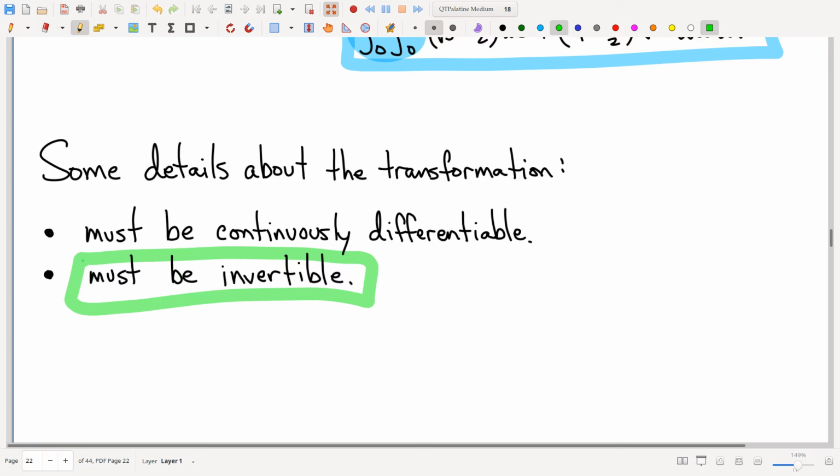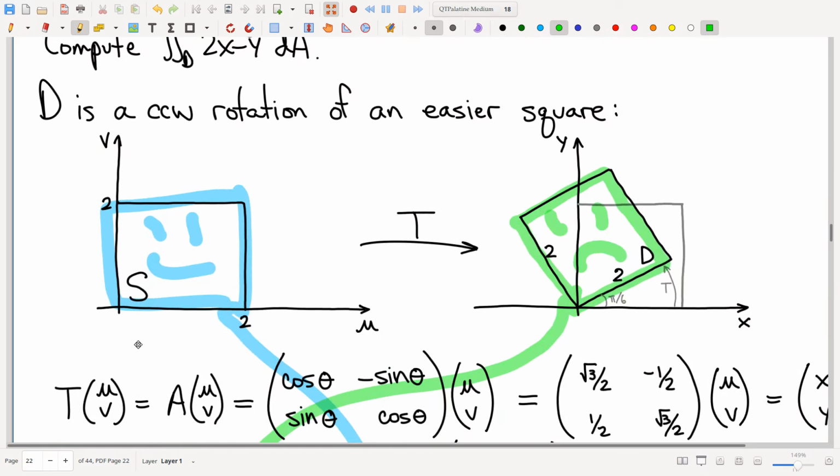So you've got to look at your domain and see what's happening. And I think it's pretty geometrically clear in this case that this process of rotating is truly invertible in the sense that I can undo it by just reversing the clock, and every point in this green square rotates to a point in this blue square.